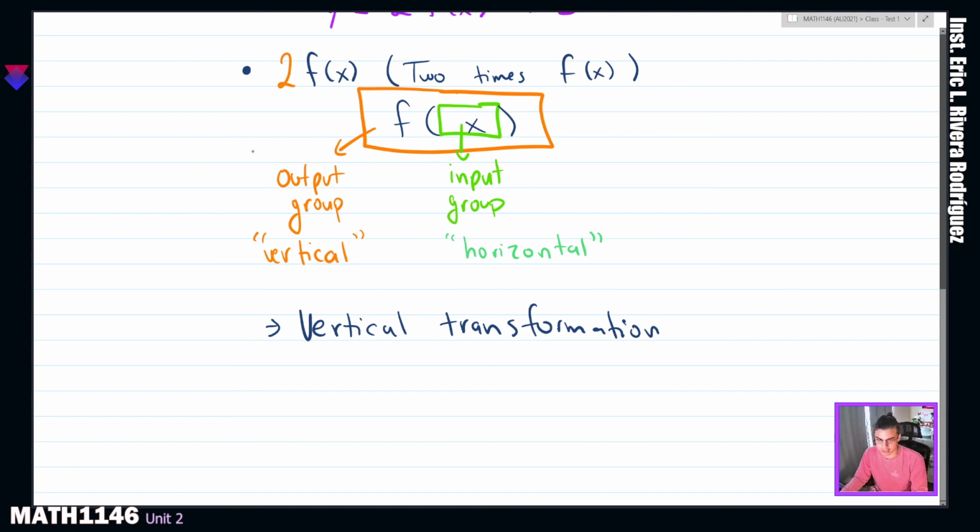Okay, first thing to identify is the type of transformation that we have. So it's a vertical transformation. Then, what operation is being used here to attach 2 to f of x? We have a multiplication by 2. Okay, multiplication by 2. This means a vertical stretch.